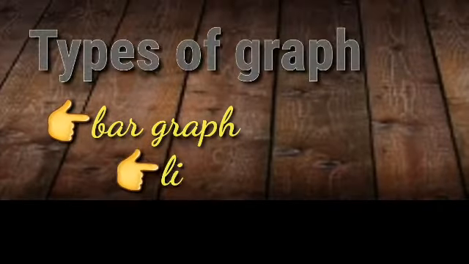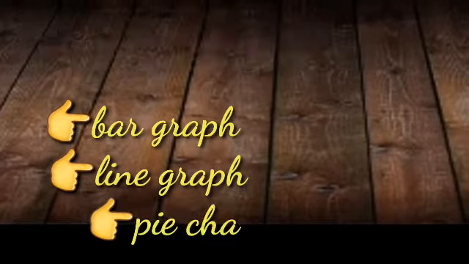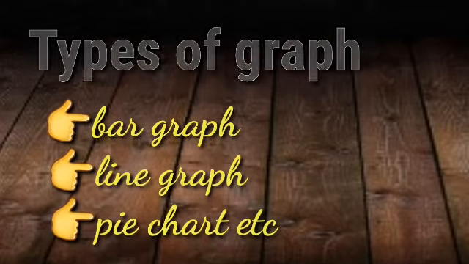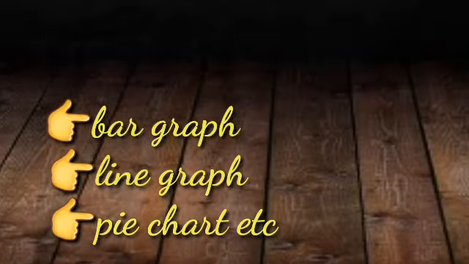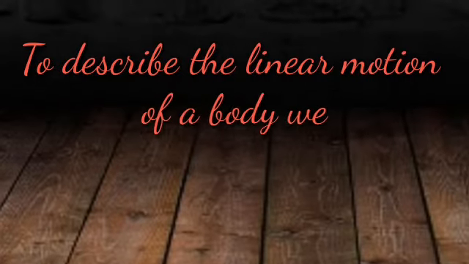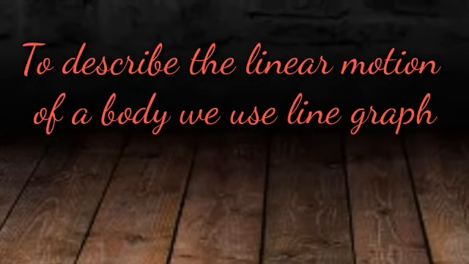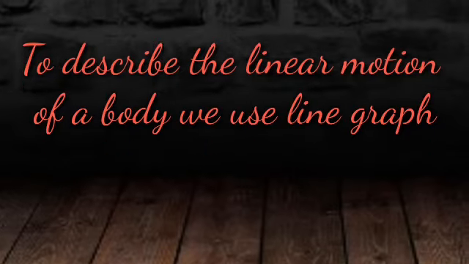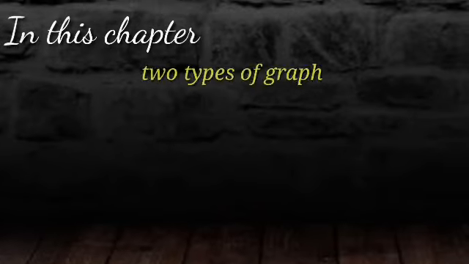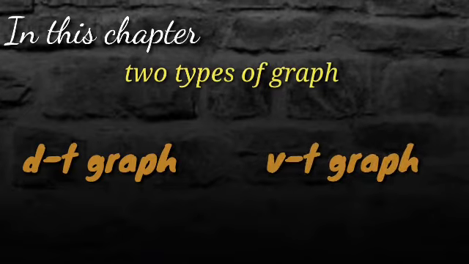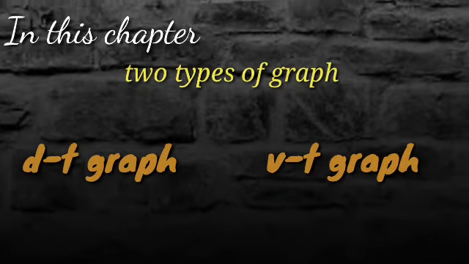Common types of graphs are bar graph, line graph, pie chart, etc. To describe the linear motion of a body, we use a line graph. In this chapter, there are two types of graph we want to study: the dt graph and the vt graph.